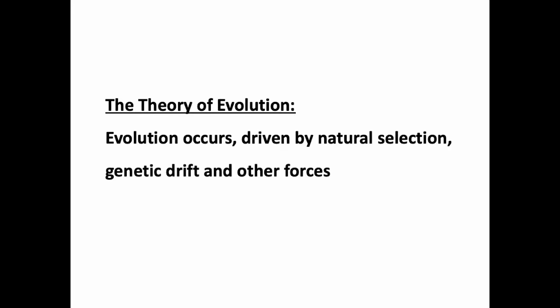For all these things we've talked about, there are many examples of the effects of non-random mating or the founder effect or gene flow or natural selection. There's a ton of supporting evidence for these forces causing changes in the allele frequency in populations over time. So it's a broad explanation, and there's a lot of support for this explanation. That's why it's a theory. Evolution happens, driven by natural selection, genetic drift, and all these other forces.